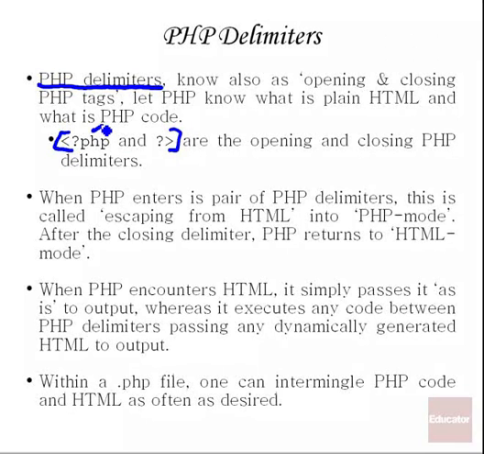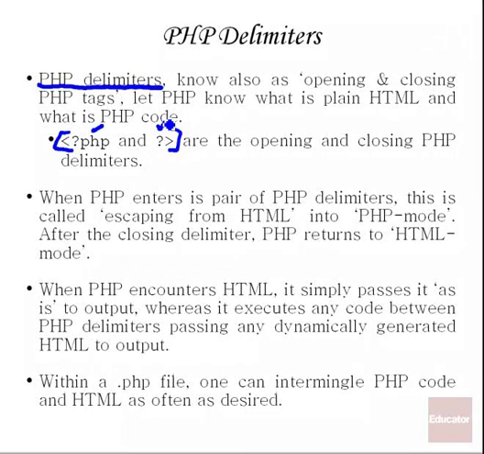This one is the opening PHP tag. It's a less than sign followed immediately by a question mark, followed immediately by the lowercase characters PHP. And the closing tag is simply a question mark followed by a greater than sign. So basically anything the PHP interpreter encounters between these two tags is going to treat as code.